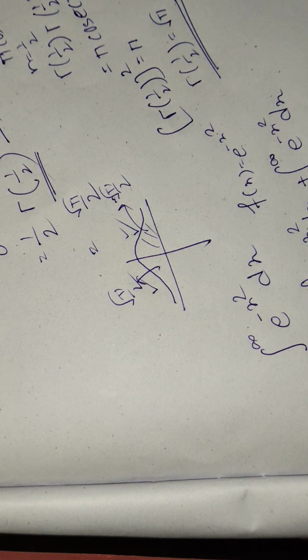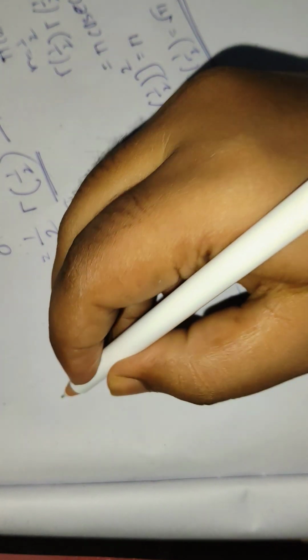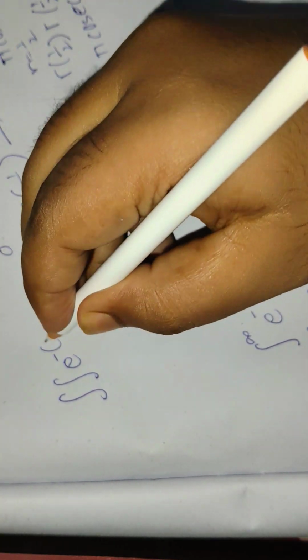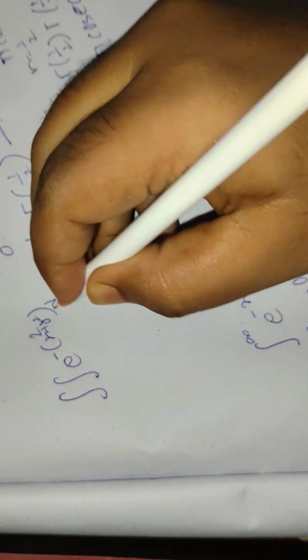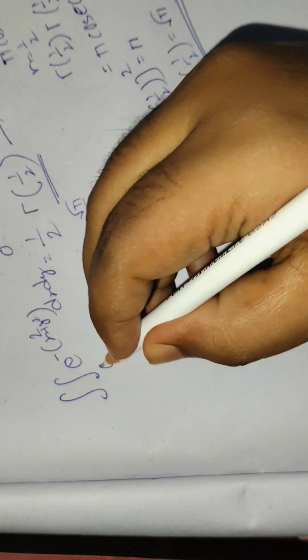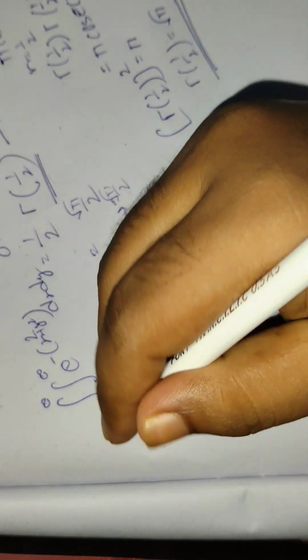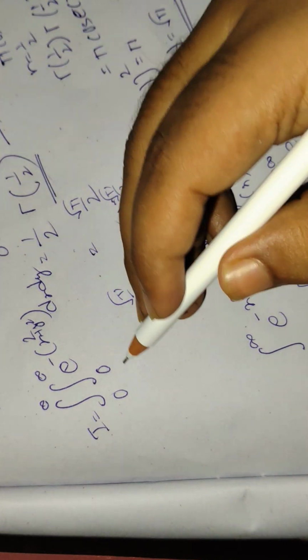There are multiple processes to solve the Gauss integral. We can solve it using the double integral also. We have to use polar coordinates. We have to solve this kind of double integration, where e to the power minus x square plus y square dx dy, with 0 to infinity, using polar coordinates and solving this integration.